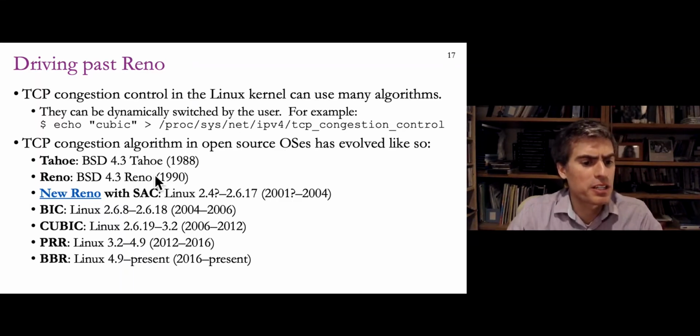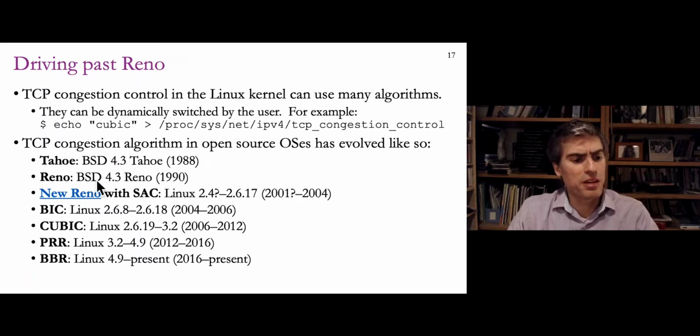Before Linux, the most popular open source Unix operating system was BSD, and BSD had a release called Tahoe, and then after that a release called Reno, and that's where the names for the early TCP congestion control algorithms came from. So TCP Reno is called Reno because it was the default built into a BSD release called Reno, in 1990.